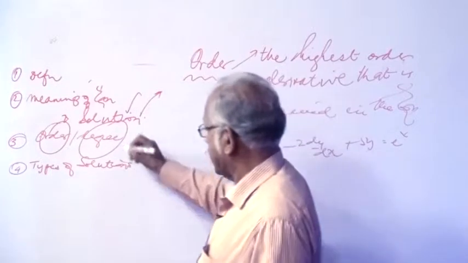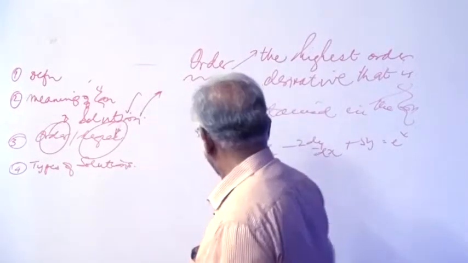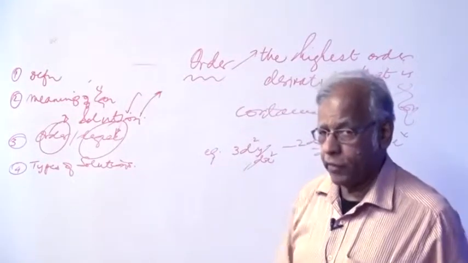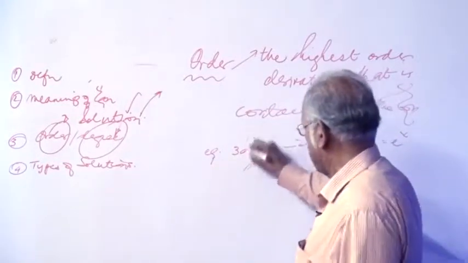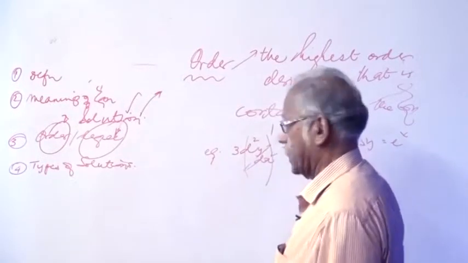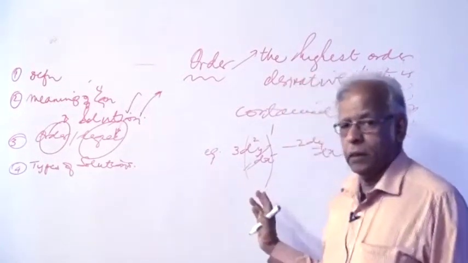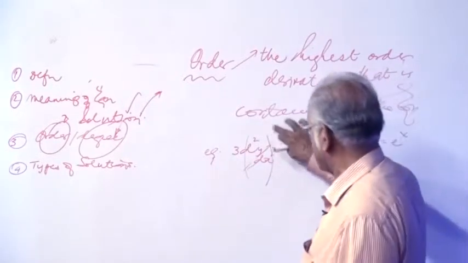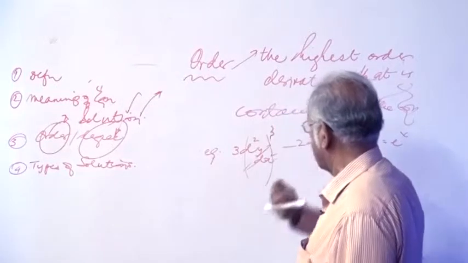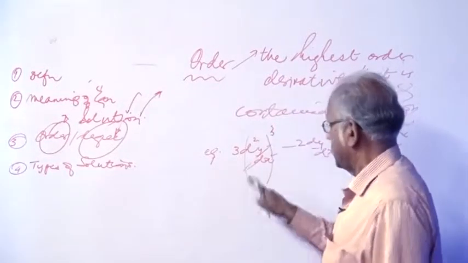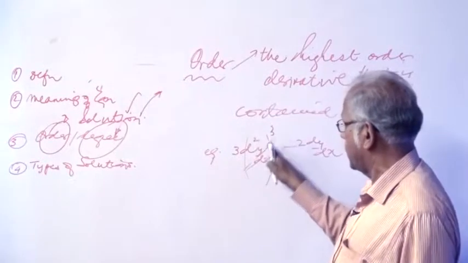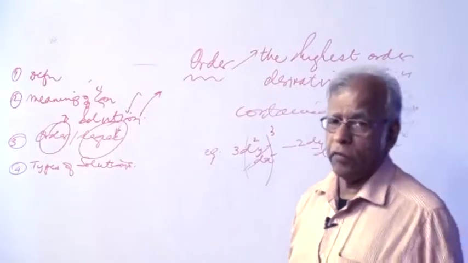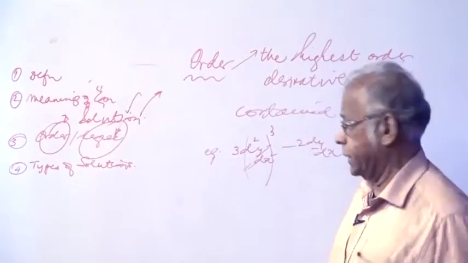When we come to the degree, we go and inspect the index of the power to which the highest order derivative has been raised. Here it becomes just d2i dx2 to the power of 1. So this is called a second order but first degree differential equation. However, if we change this equation to, for example, this 3 or 2, then it is a second order but third degree differential equation. Second order but third degree because the degree of the highest order derivative is 3.